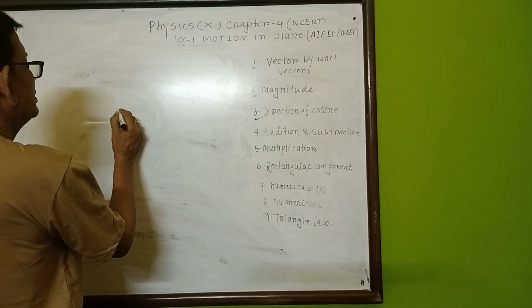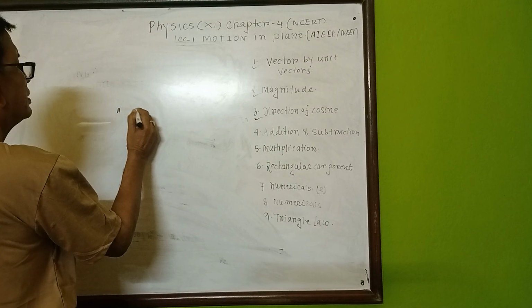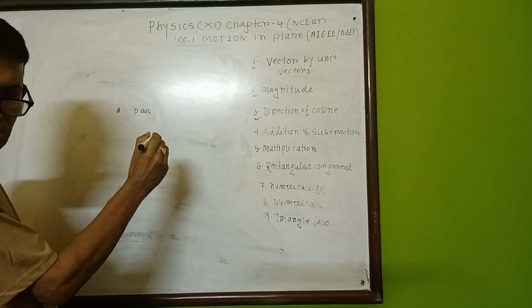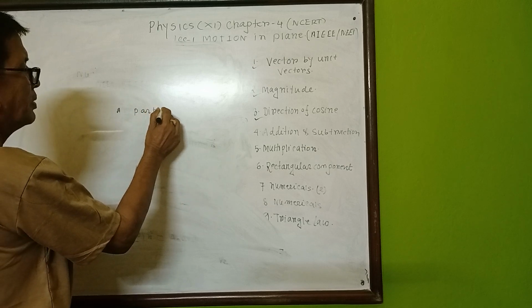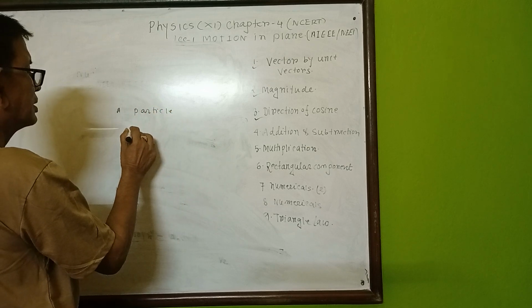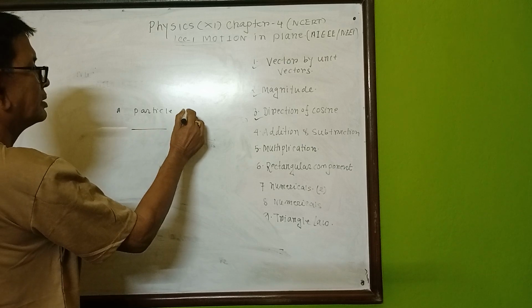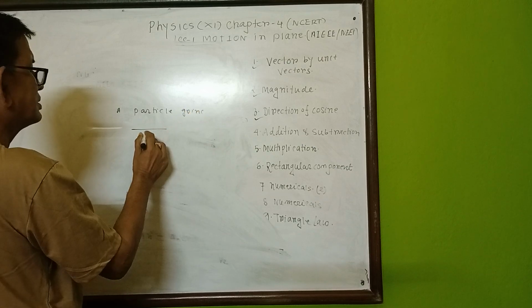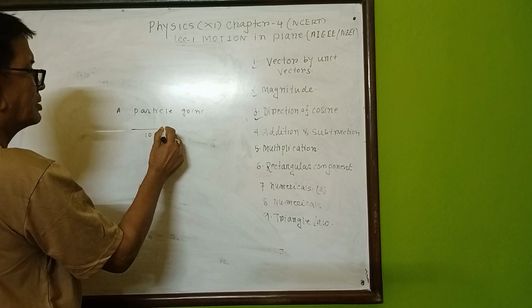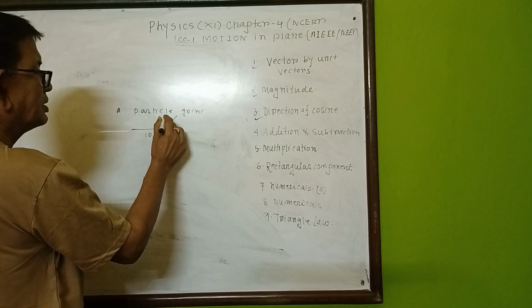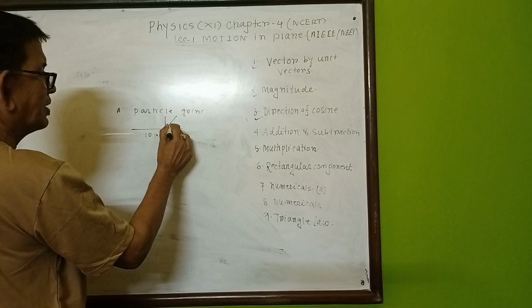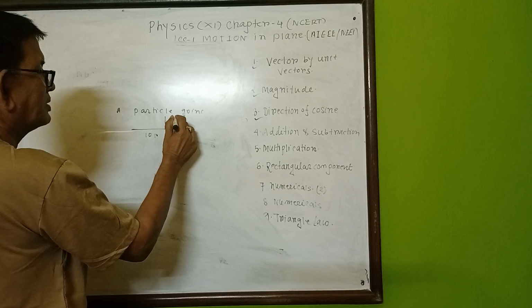Suppose a particle is going along east 10 meter, then northeast, north and east 45 degree, 5 meter.